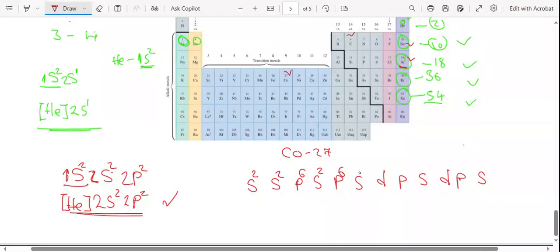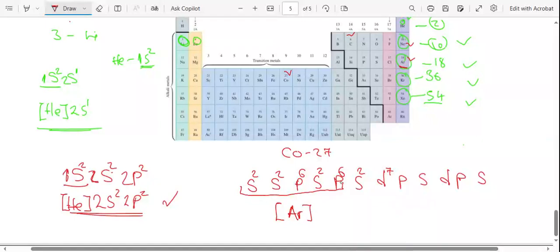Then we have 2 there, 20, remaining with 7. So the configuration now is, have you seen that it's 18? It's as good as me writing argon there, because 18 has been covered. So I'll write argon there.